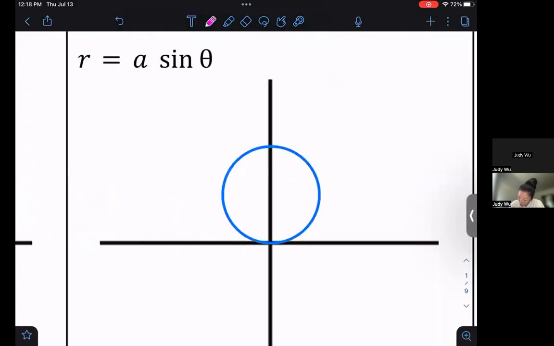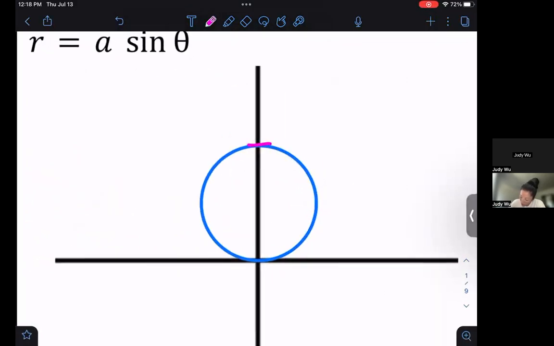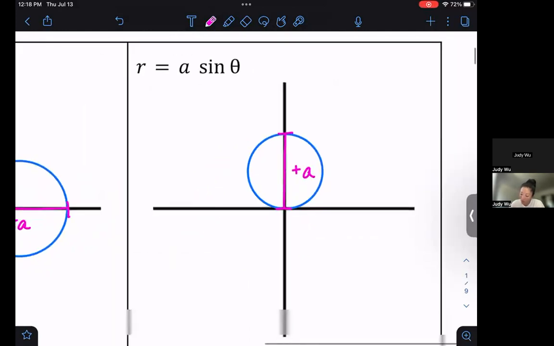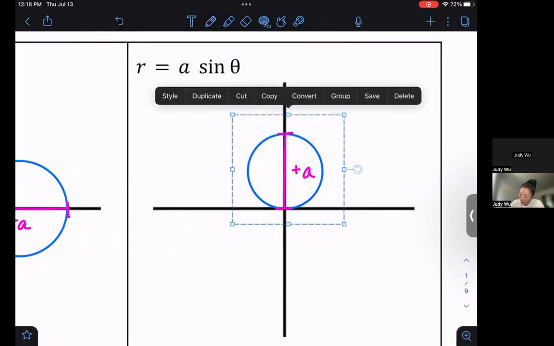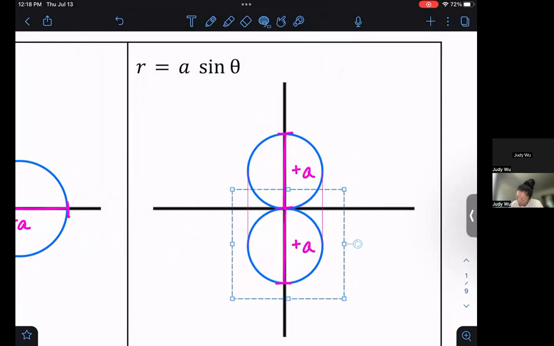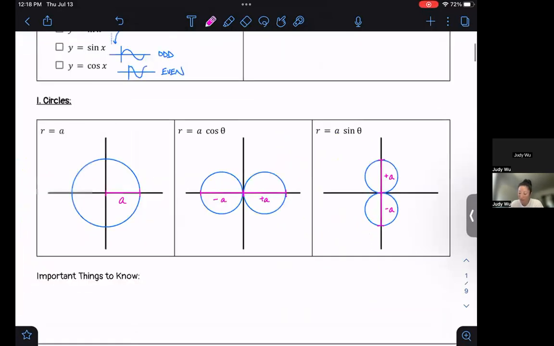So this whole distance is our a value. And if we think about what happens when a is negative, well, that circle is now on the bottom of the x-axis, okay? So this is sort of a visual of what it looks like with those changes.